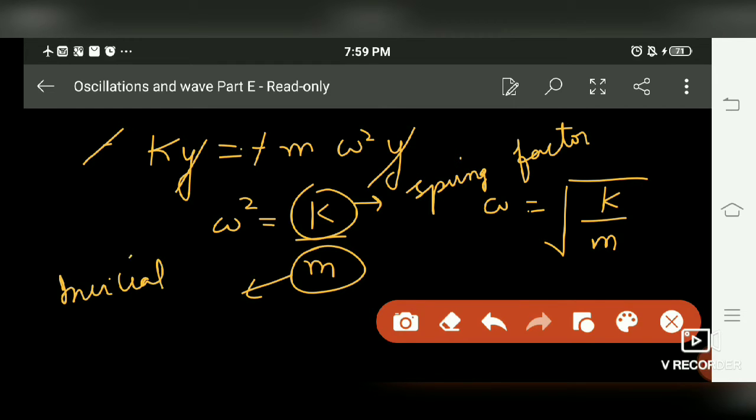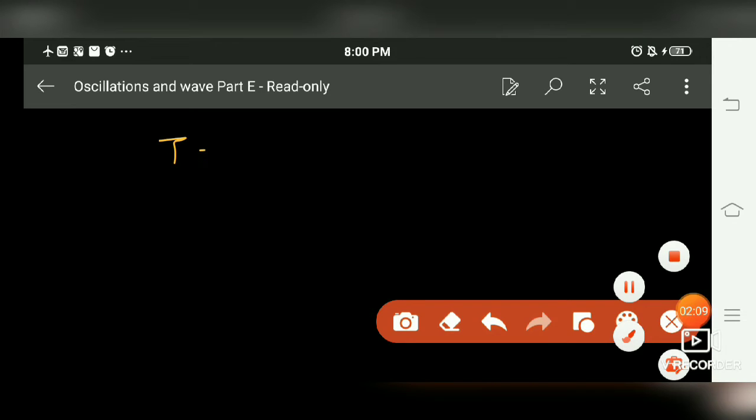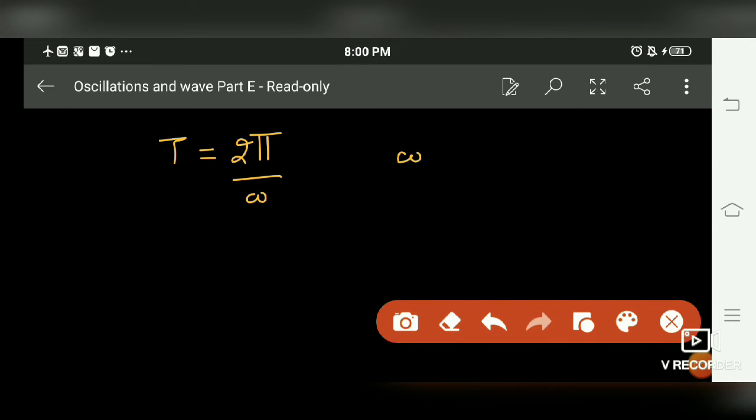Omega we get in terms of this, where time period is equal to 2 pi by omega, where omega is angular frequency.